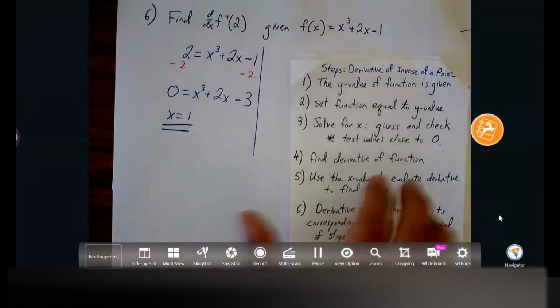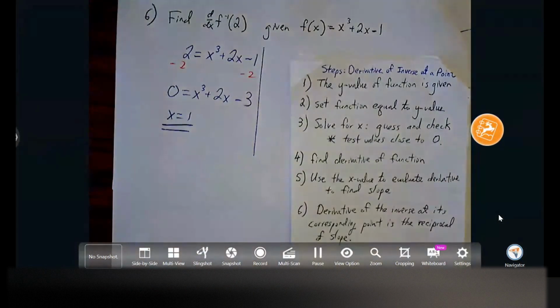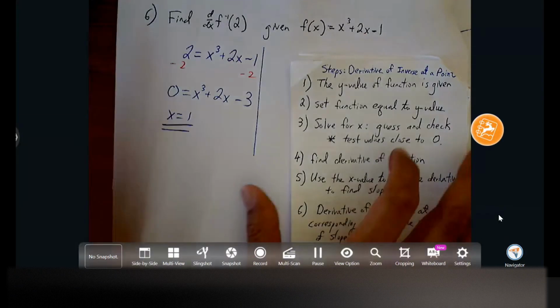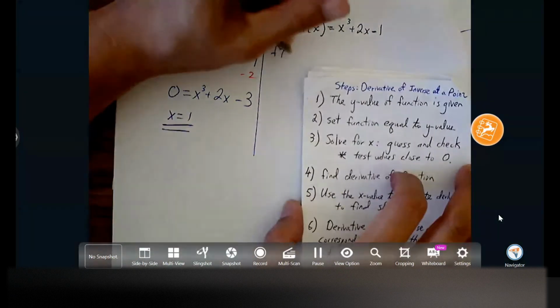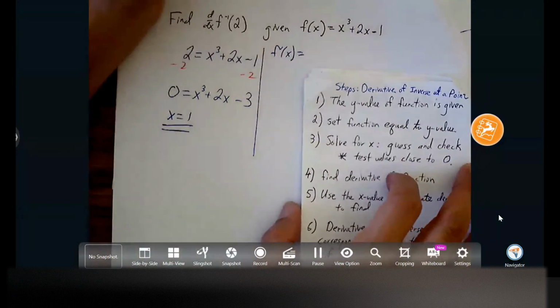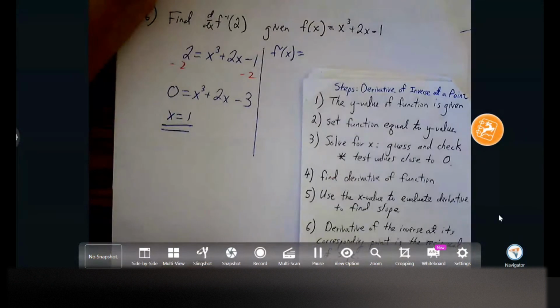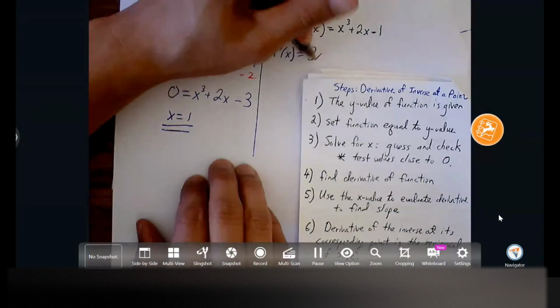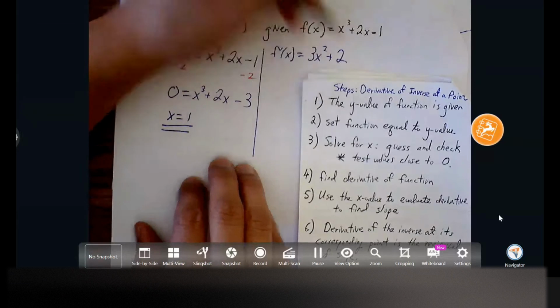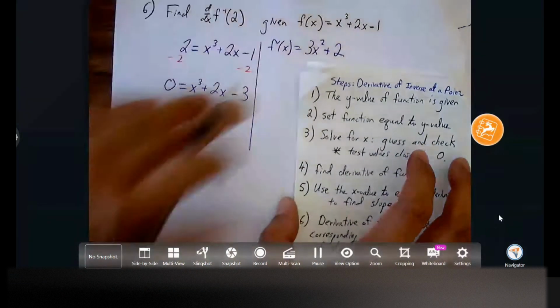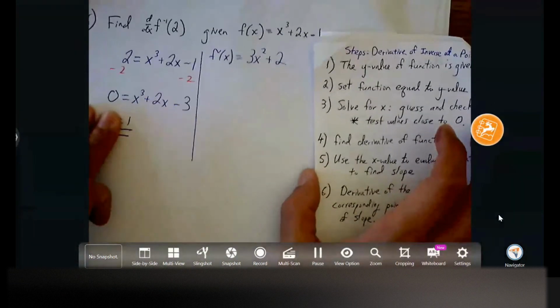Find the derivative. Yeah. Okay, what's f prime? It would be 3x squared plus 2. Okay, next step.